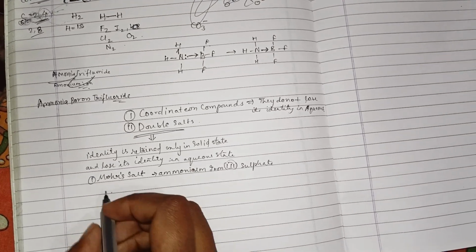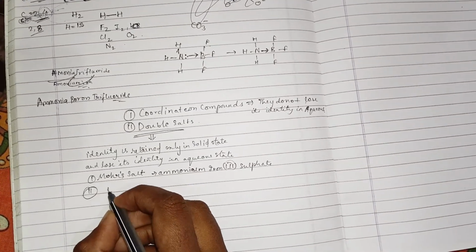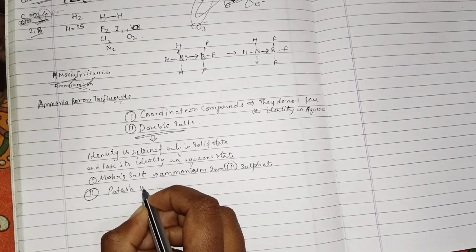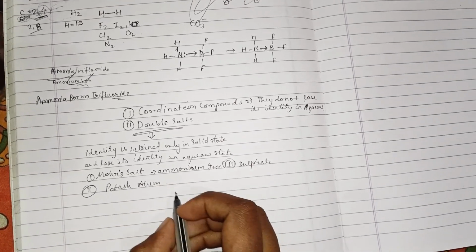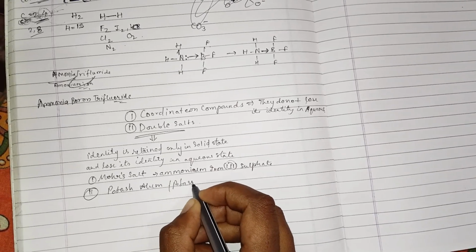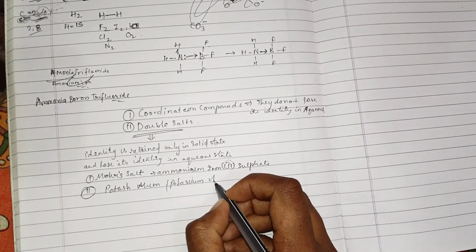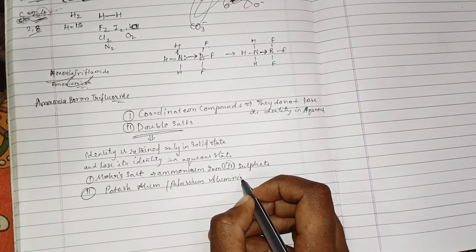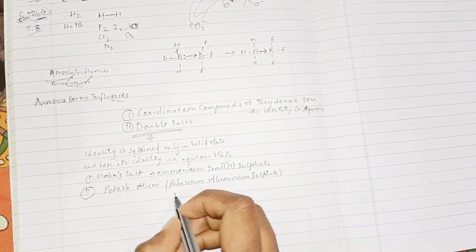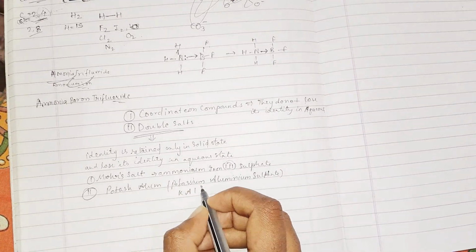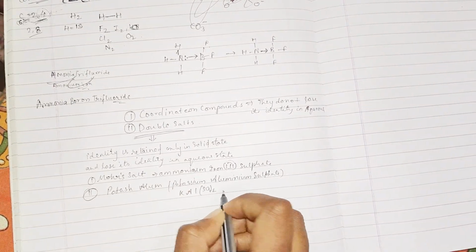Another example is potassium aluminium sulfate, KAl(SO4)2.